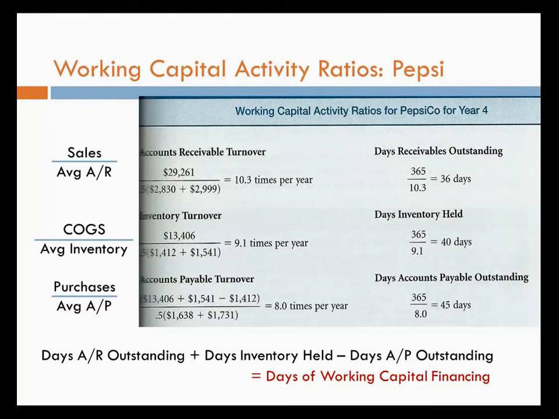Oftentimes you'll have terms on these receivables, so you'll try to force them to pay early by having a discount based on early payment. The problem with receivables is as they extend, it's not only that you're not getting the money fast enough, but the probability of getting the money decreases the longer the receivable goes. So it's the combination of the two that keeps you wanting to keep your days receivable shorter.